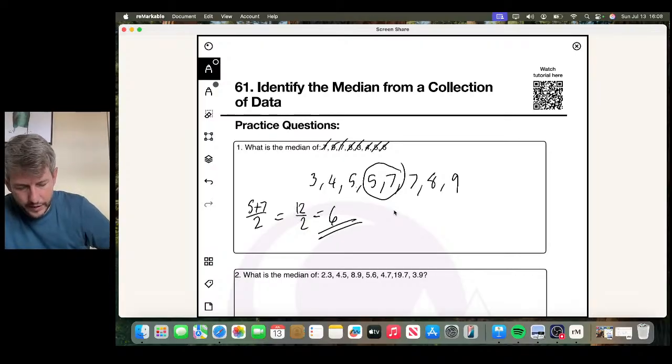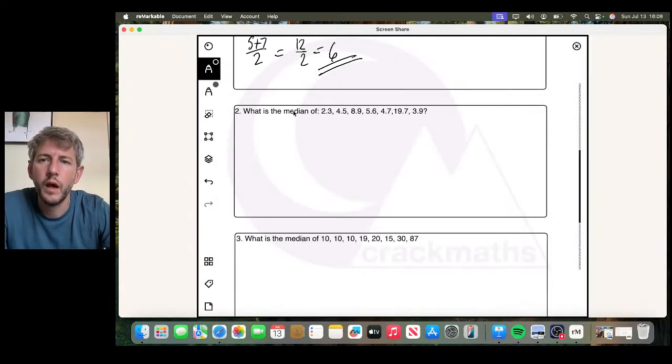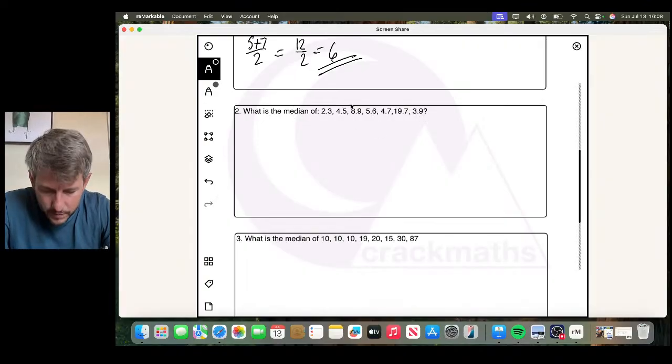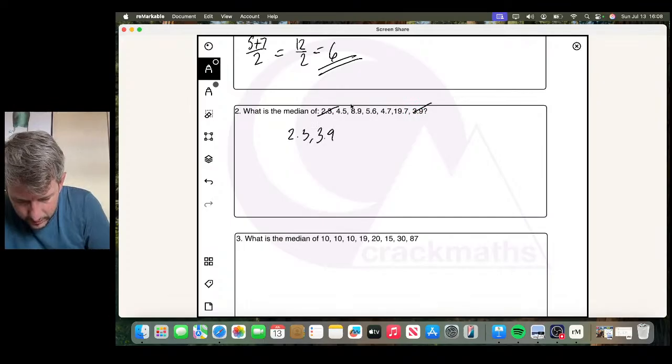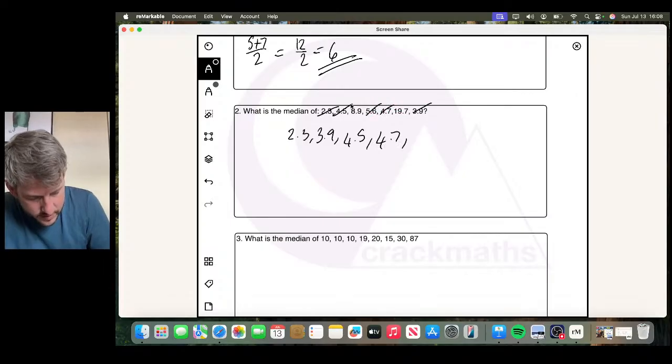Here we go. What is the median of these numbers here? Again, we have to put them in order. So we've got 2.3, 3.9, 4.5, 4.7, 5.6, 8.9, 19.7.